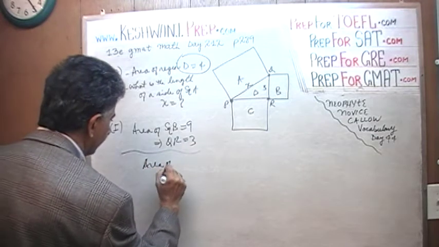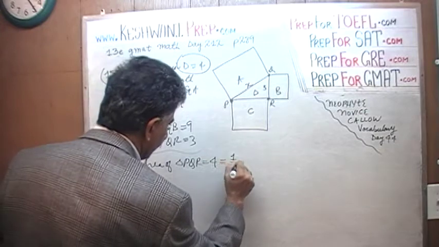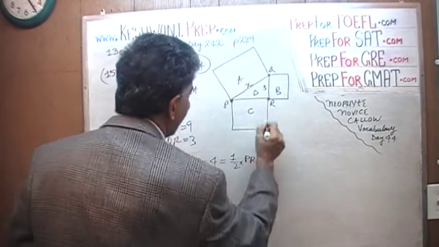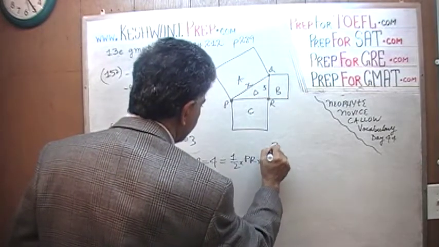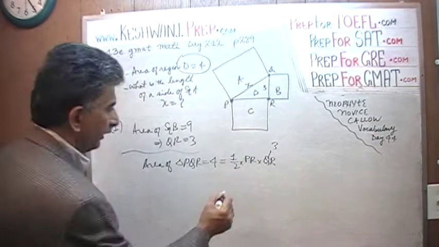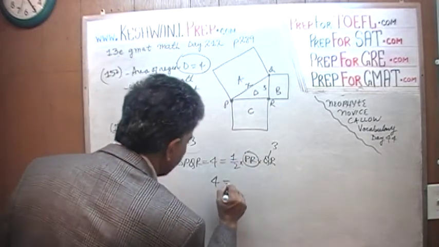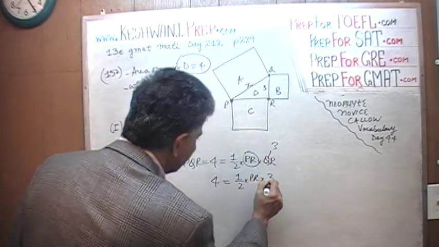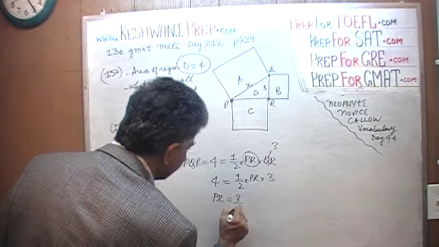Area of triangle PQR is 4, which is 1/2 base, which is going to be P to R, times height, which we just found out is Q to R, which is 3. So there you go. We can figure out P to R from there. So 4 equals 1/2 PR times 3, multiply both sides and you get P to R is equal to 8/3.